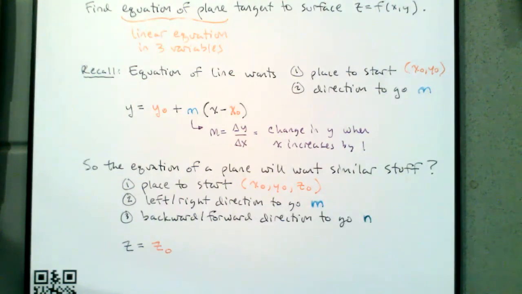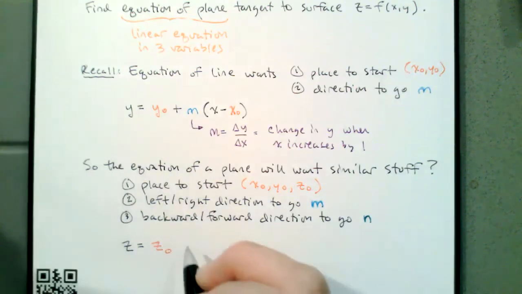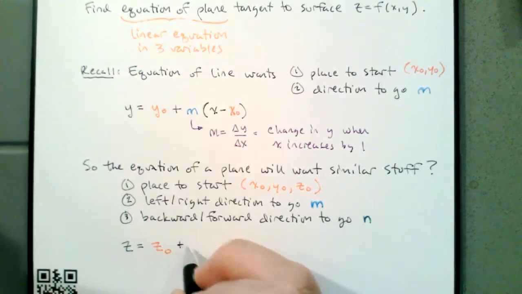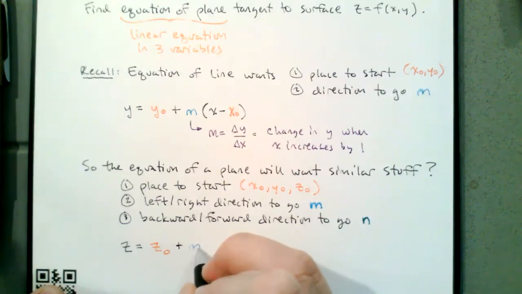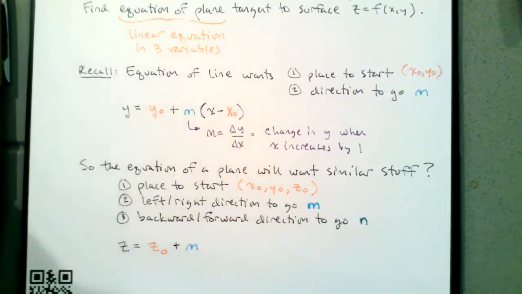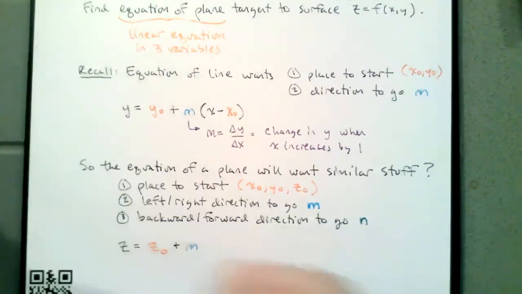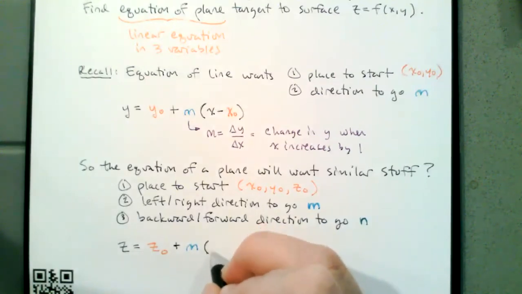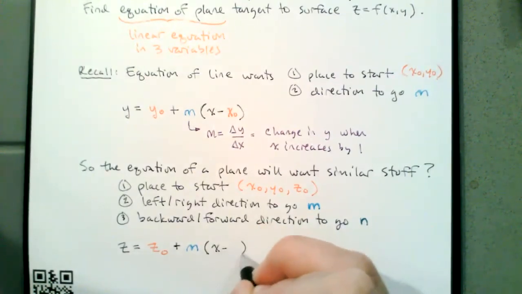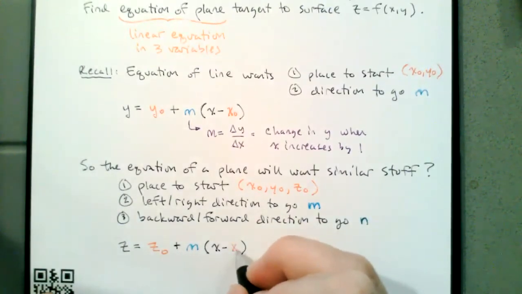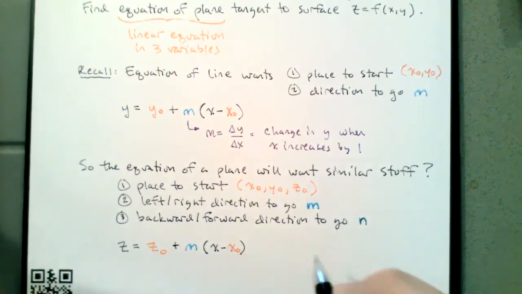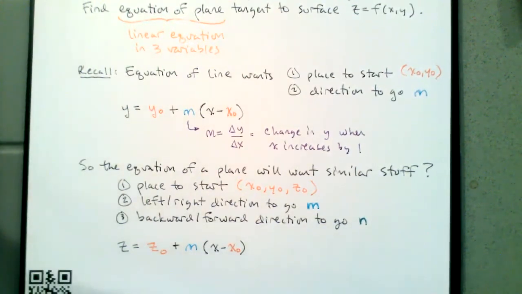Then we're going to have our left-right and forward-backward directions to go. So we're going to add m a bunch of times in one of our directions. Let's say we're adding m in the x direction. But that's only one of our directions.